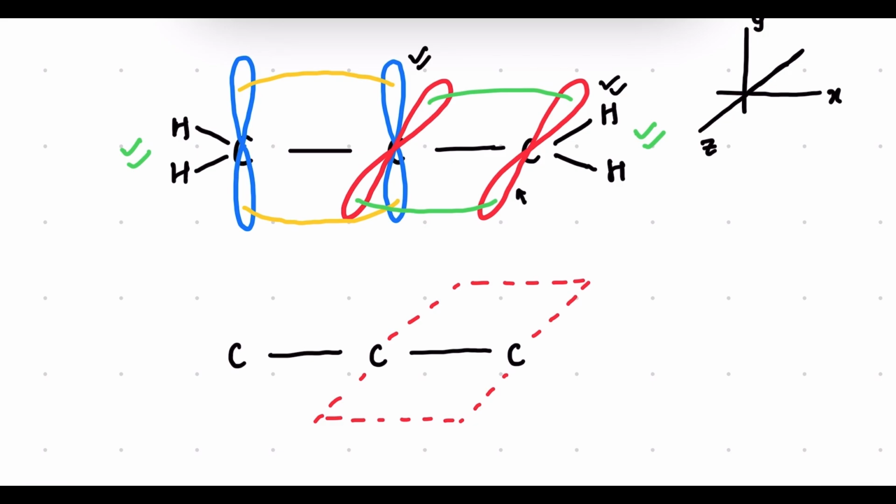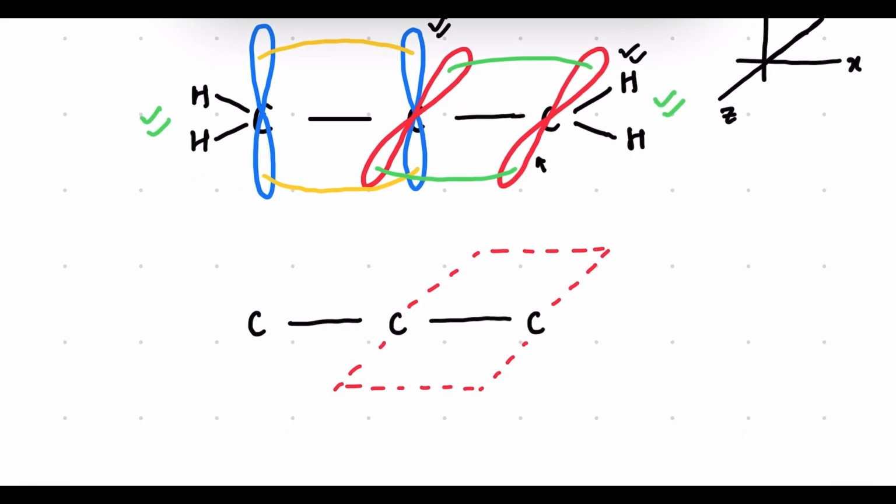If you check the blue, that looks like it's along the y-axis, along this. So we're going to draw a plane which seems to be along the y-axis, parallel to the y-axis.